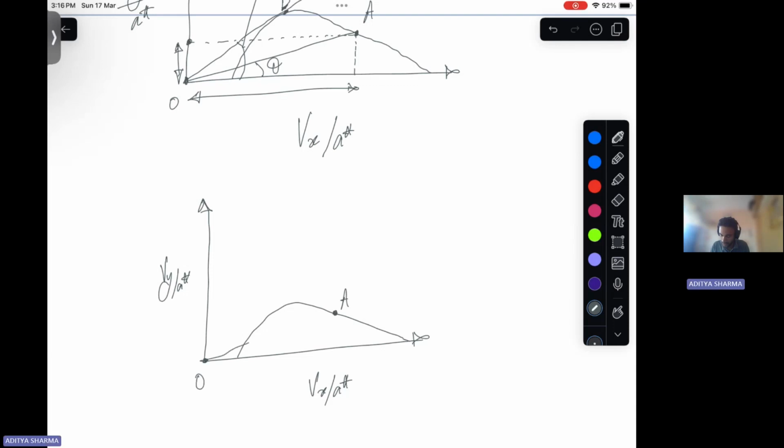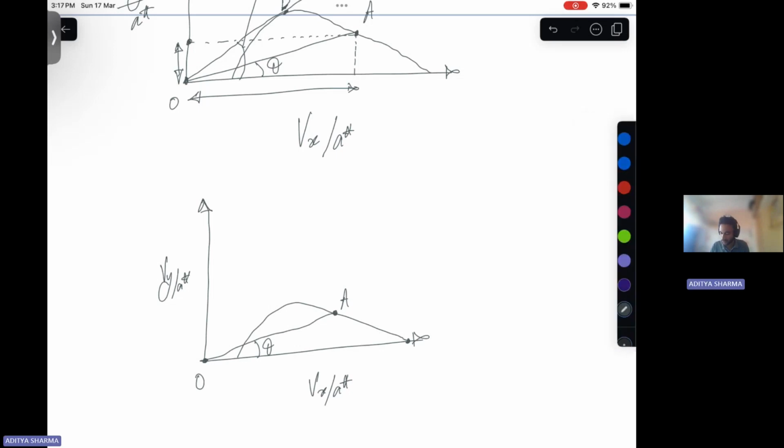If I join these lines, I get theta. But how do I get the beta value, or is it possible to get the beta value, which is the shock wave angle? We have discussed this in previous sessions.